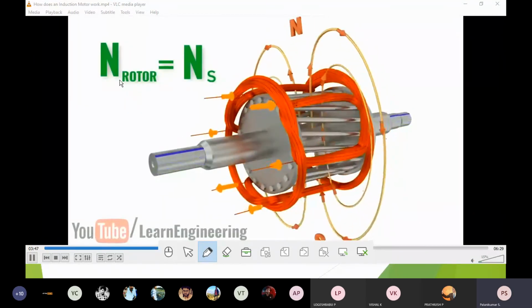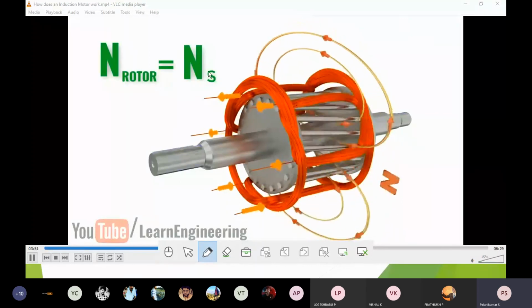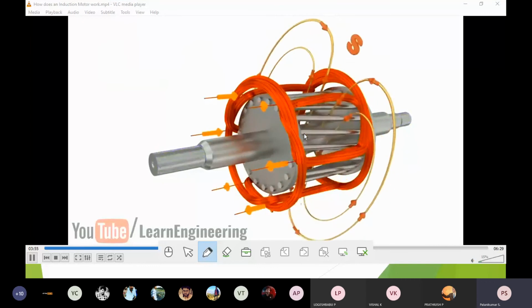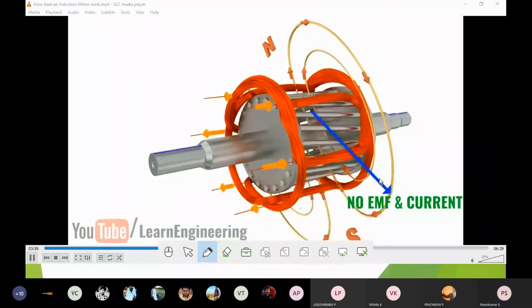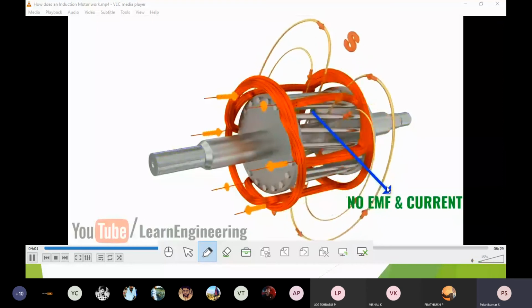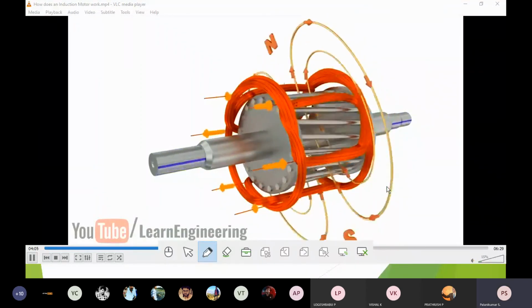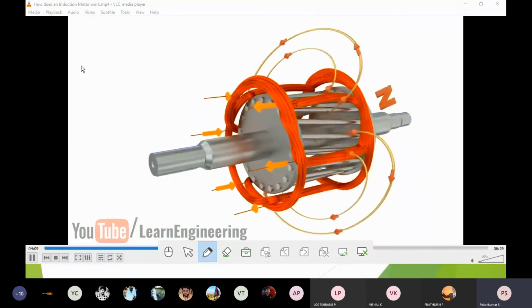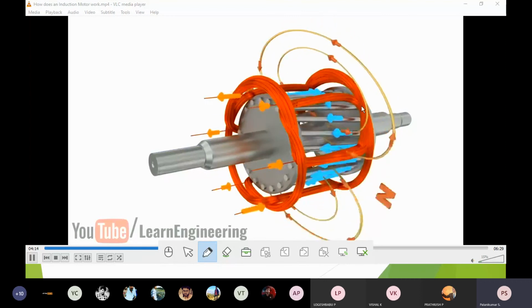Whenever the rotor speed tries to become exactly the synchronous speed of the rotating magnetic field, at that time no EMF and no current will be there. If there is a difference between the synchronous speed and the rotor speed, there will be an induced EMF.